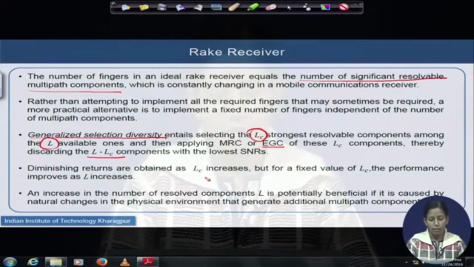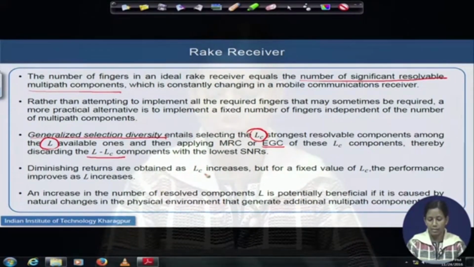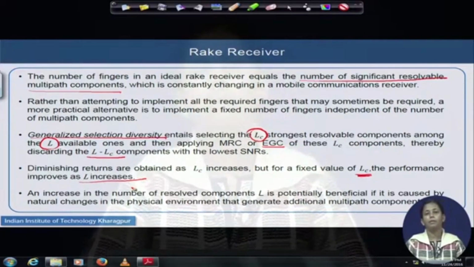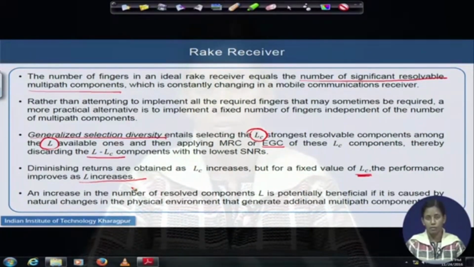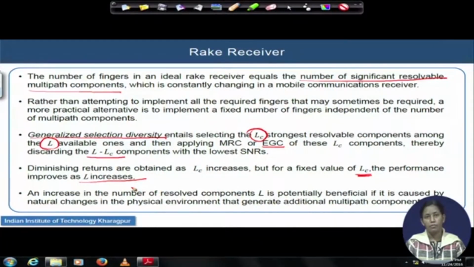Now, diminishing returns are obtained as LC increases, but for a fixed value of LC, the performance improves as L increases, because if the number of multipaths is larger and the resolvable capacity is there in the Rake receiver architecture, the more multipaths you can accommodate, the more channel energy you can capture, and it helps a lot in the channel estimation process as well as in the detection.